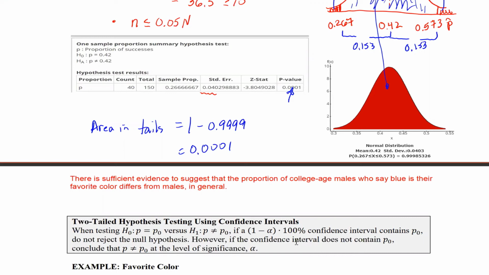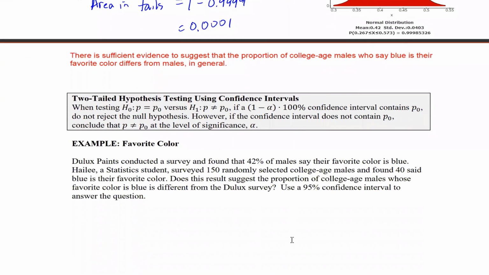One of the things that you can do with two-tailed hypothesis tests is actually conduct a test using a confidence interval rather than going through the formal hypothesis test procedure. So when you're doing the null hypothesis that p equals some value versus p is different from some value, you can construct a (1 minus alpha) times 100% confidence interval.